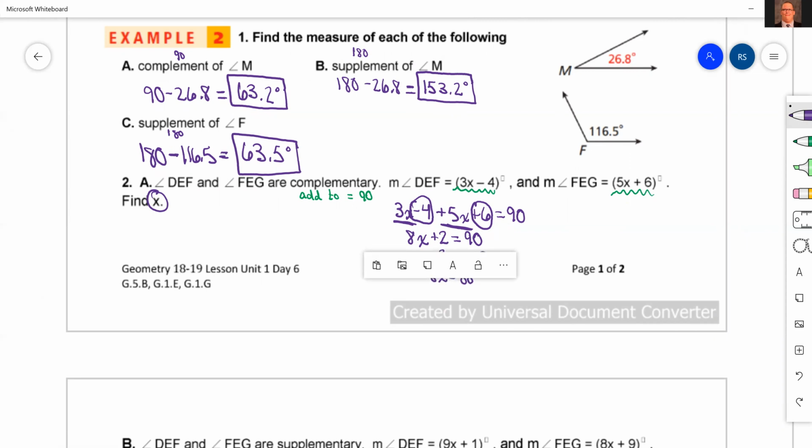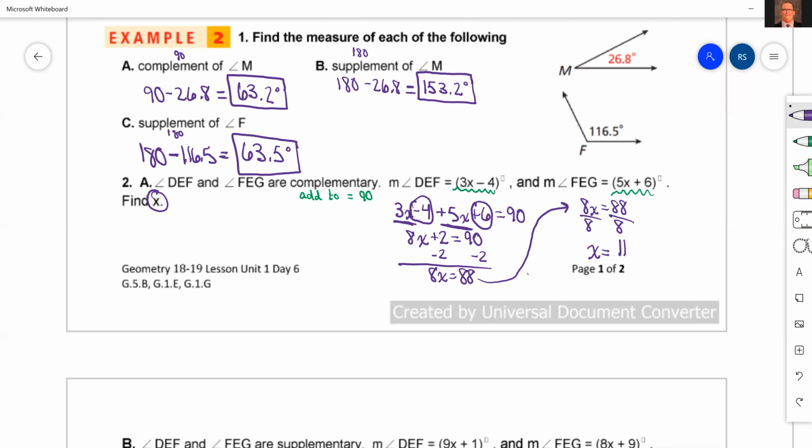I'm fresh out of room, so I'm going to rewrite this up here. Divide by 8, and we get x equals 11.